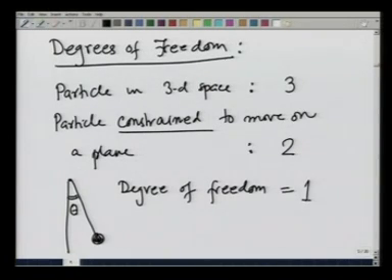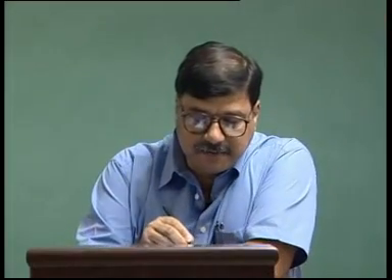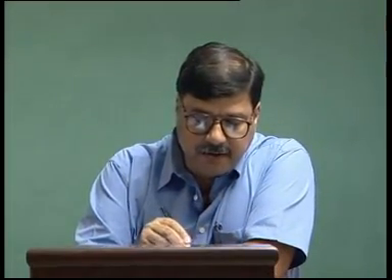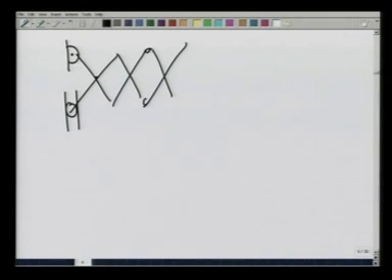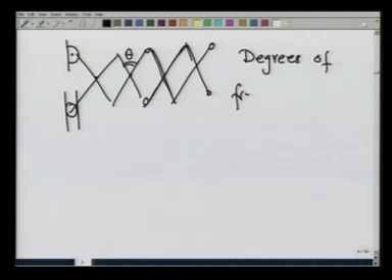Even in the complicated example that we took previously, whereby I had these cross links like this, the only thing that I need to specify the orientation or a specific position of the system is this angle theta, nothing else. The moment I specify this theta, because the lengths of these bars are fixed, I specify exactly how the system is. So the degrees of freedom in this case is also 1.